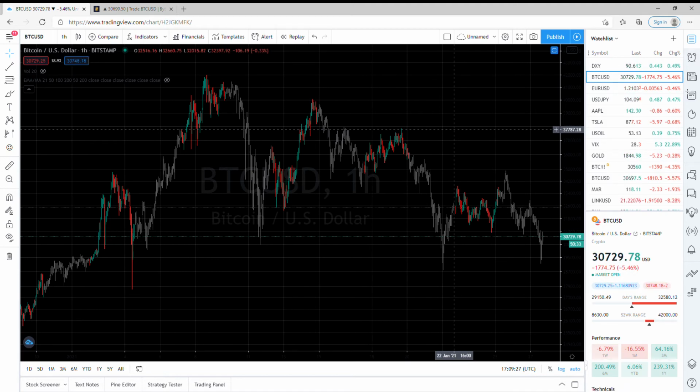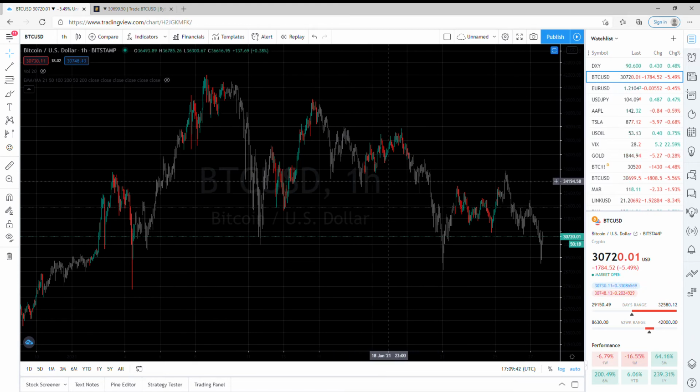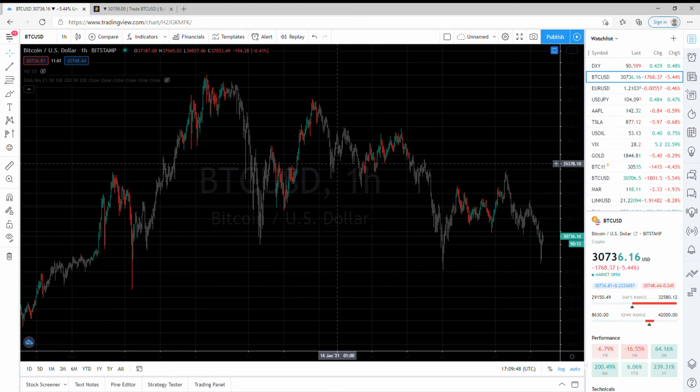The tool is called point of control. In a trading session, which can be 1 hour or 1 day or 1 week, it finds the biggest volume that was traded.